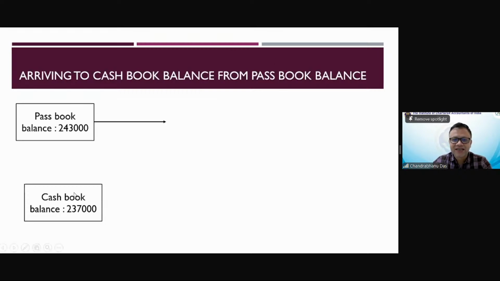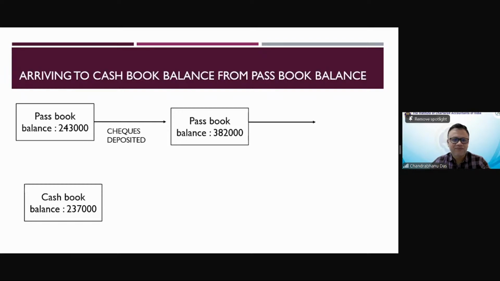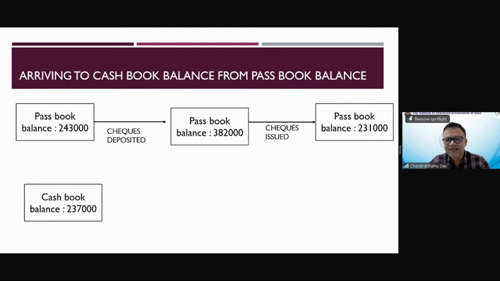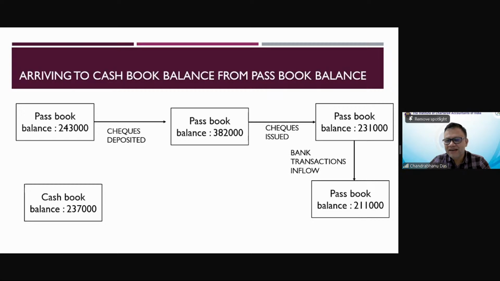What they did is checks which are deposited. Passbook balance 2,43,000, due to checks deposited, became 3,82,000. So what happened? They added up the checks deposited, then they took the checks issued and subtracted them, then the bank transaction inflow was subtracted.